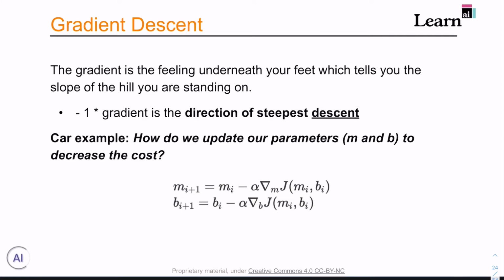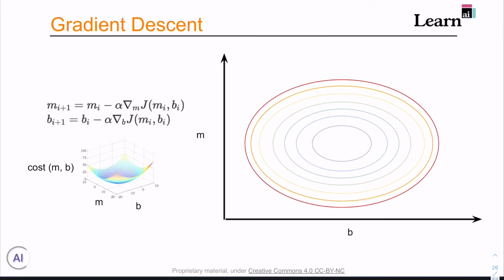So how do we update our parameters given this information? We're going to walk through gradient descent from another perspective here. The key thing to understand is that this plot on the right is the same thing as this plot on the left, except we've squished the cost dimension down and represented it as these circles, these ellipses, so we can look at it in 2 dimensions.